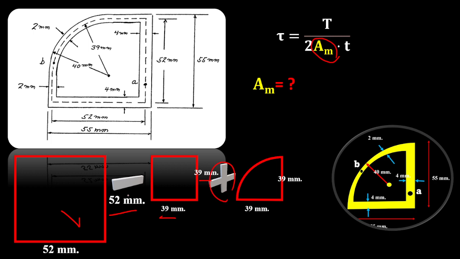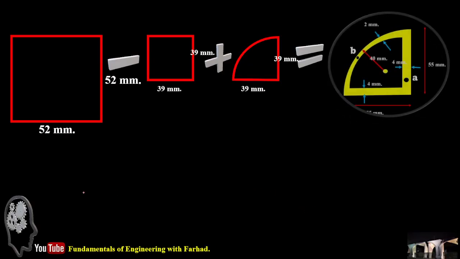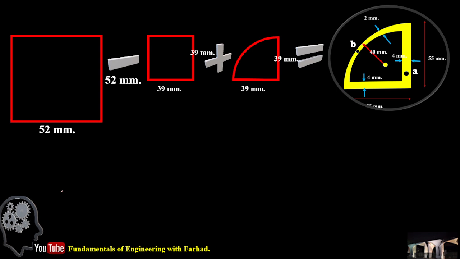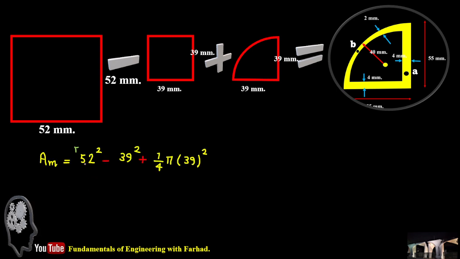This is plus, this is minus, and it finally gives us our original shape. Then if you do the math, A_m is equal to 52 squared minus 39 squared plus a quarter of pi times 39 squared, all in brackets, with conversion of millimeters to meters, which is 10 to the negative 6 meters squared.